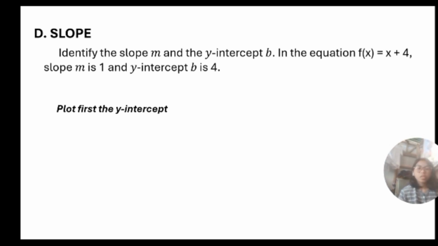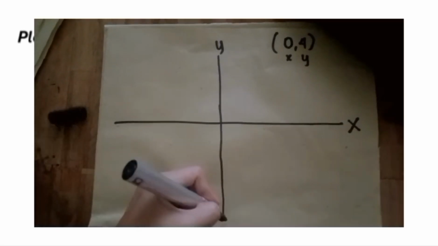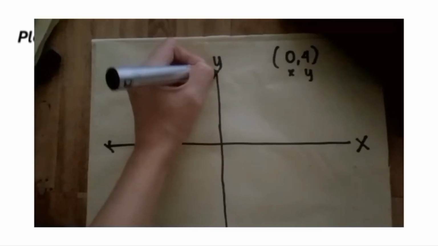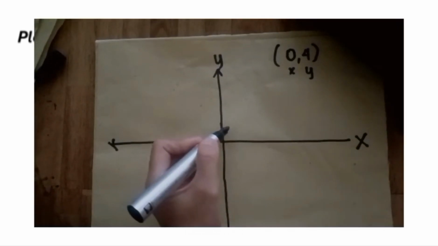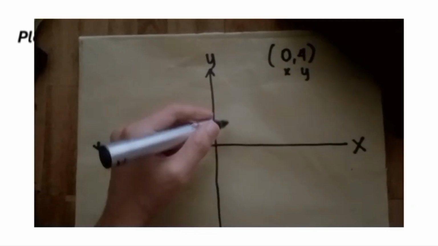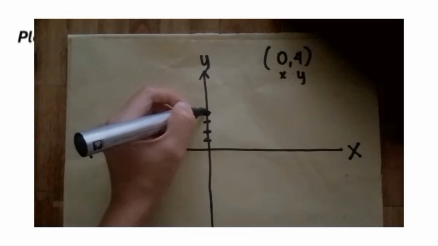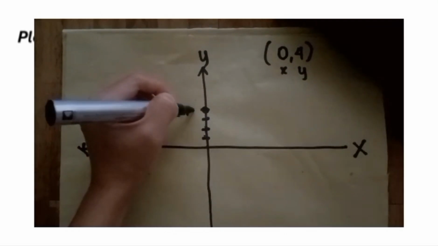So first, we need to plot the y-intercept. Since si y kay naa sa 4, meaning atong x is 0. So ang next step ani is to plot the y-intercept. Naa diri nakalocate since atong x kay 0 man, so diri ra ta mag-plot. So naa diri atong 0, 4.